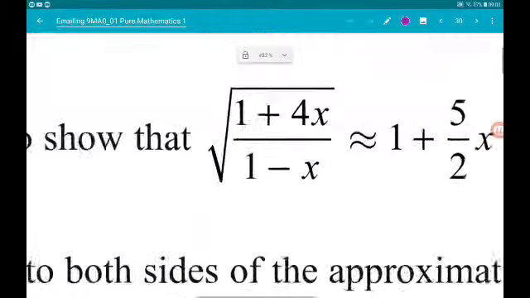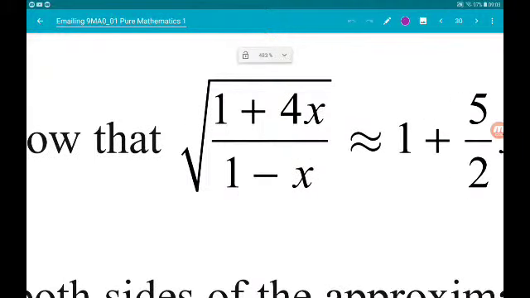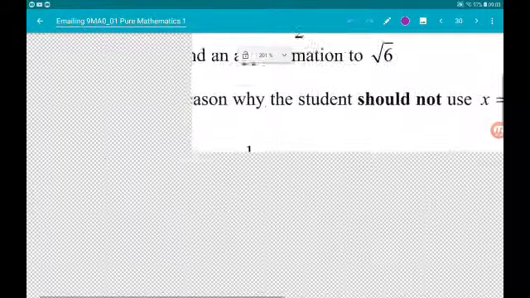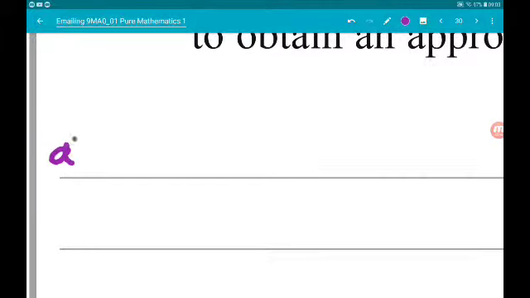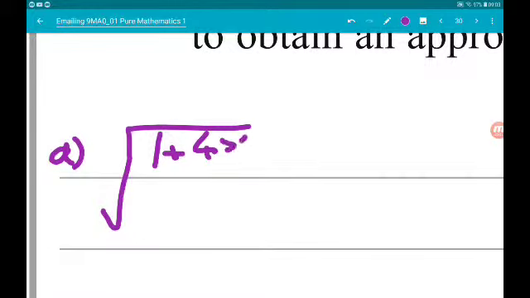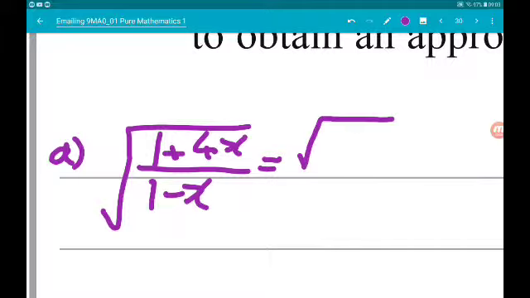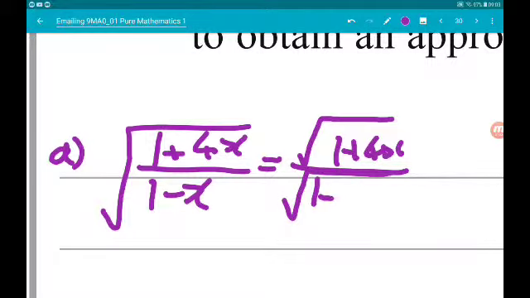So what we need to do is realise that we have two binomial expansions here. So root 1 add 4x over 1 minus x is root 1 add 4x over root 1 minus x.